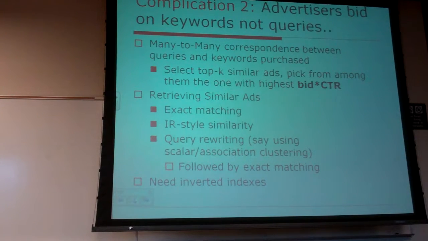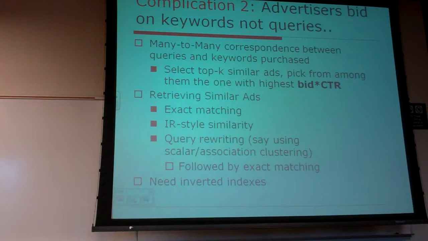And if you have K3, K4, K5, I'll pay something. And when you have multiple keywords, you can also think of them as search phrases. Okay, so then the question, of course, is, they did not bid on this query. I need to figure out whether to show this or not based on whether these keywords are similar to this query. That's the IR problem.